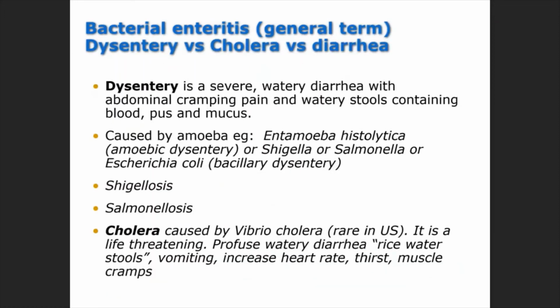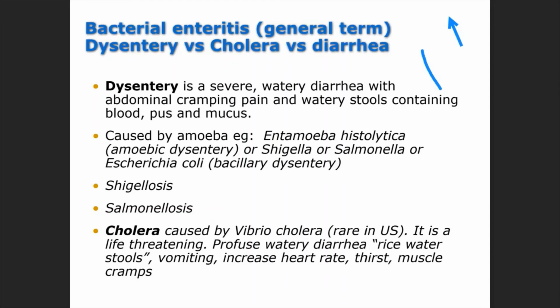Now, what's the difference between dysentery and cholera? Here it shows you the difference. First of all, the organisms that cause dysentery are Shigella, Salmonella, E. coli, or the amoebic Entamoeba histolytica.